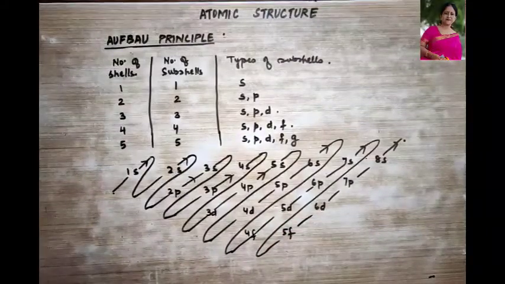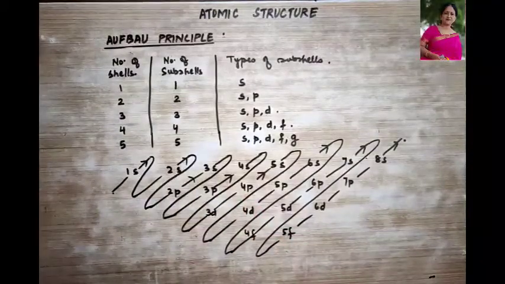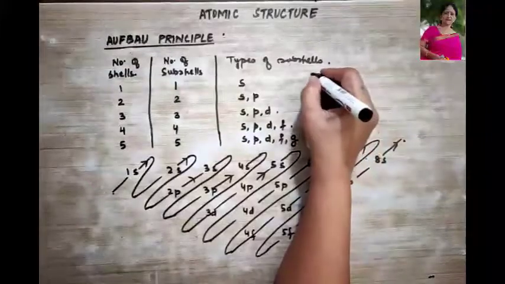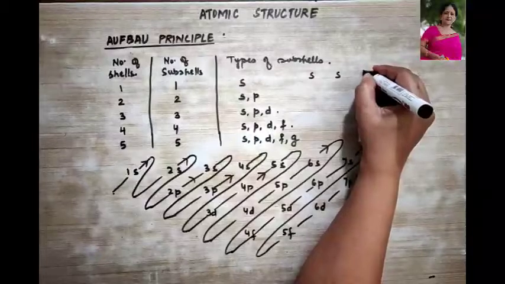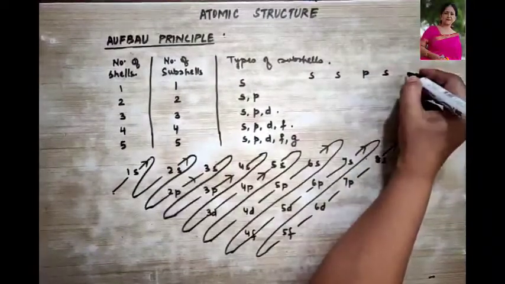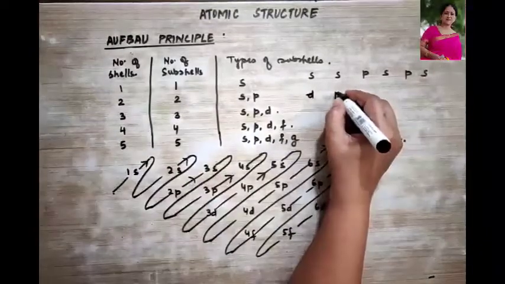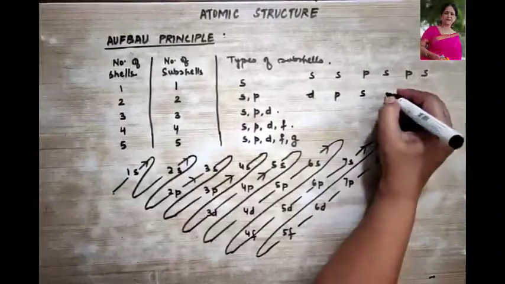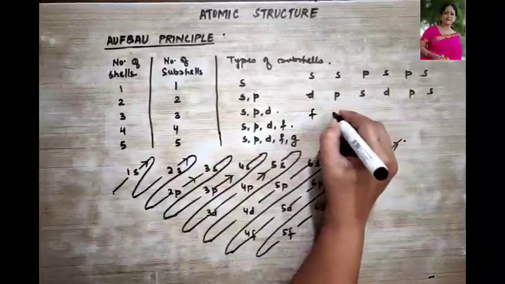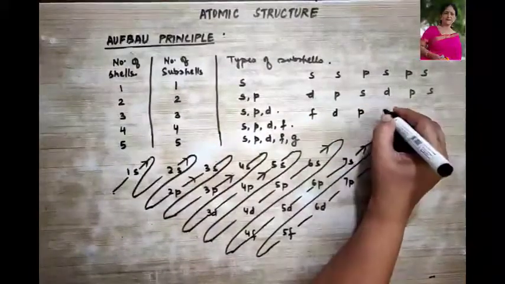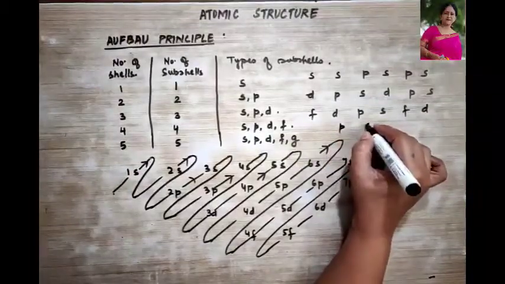I will tell you how. You learn a sequence. Now how should I write? I'll write it over here. School, school, public school, public school, DPS, DPS, foreign DPS, foreign DPS.